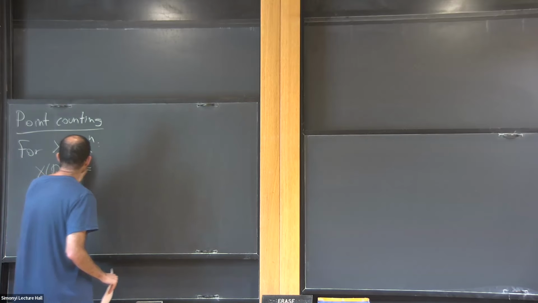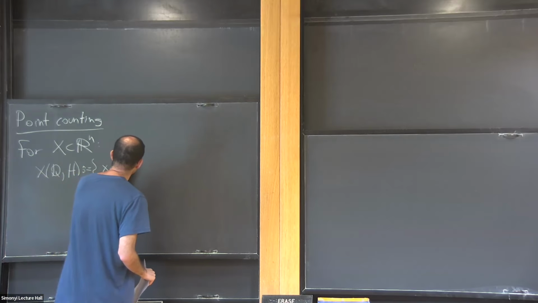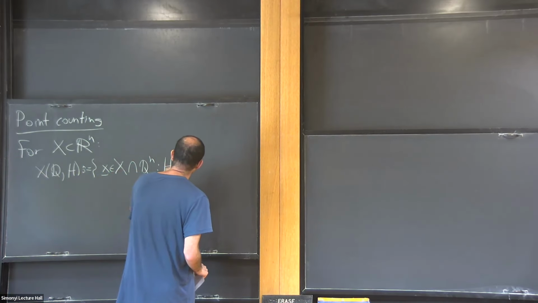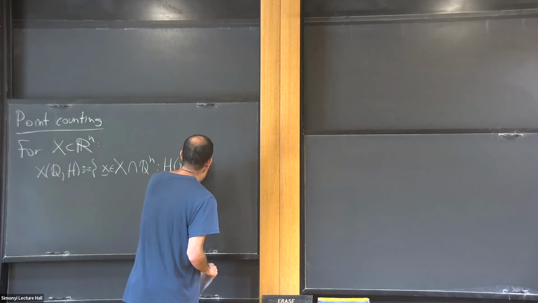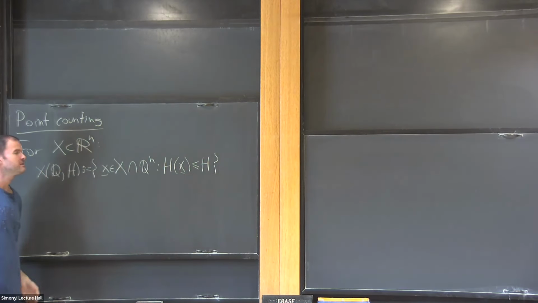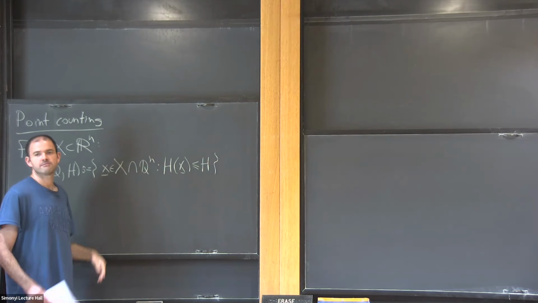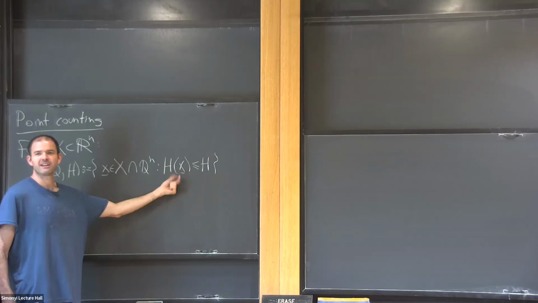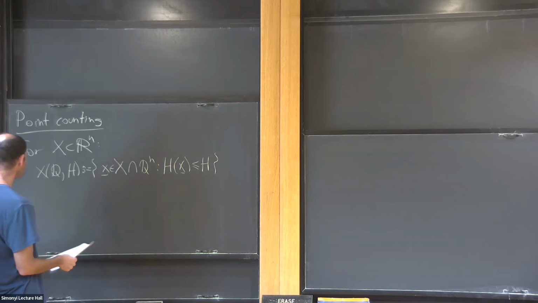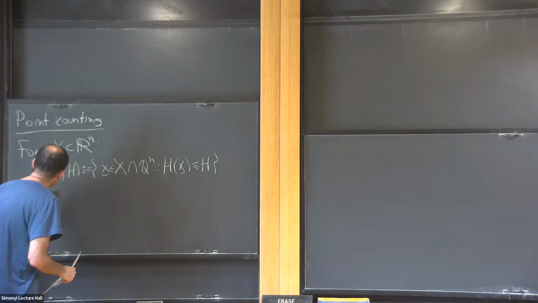This is the set of all vectors in X intersect Q to the n, such that the height of this vector is bounded by H. And this height of a vector, I take, for instance, to be the maximum of the heights of the coordinates, and the height of a rational number is just the maximum of the numerator and the denominator.